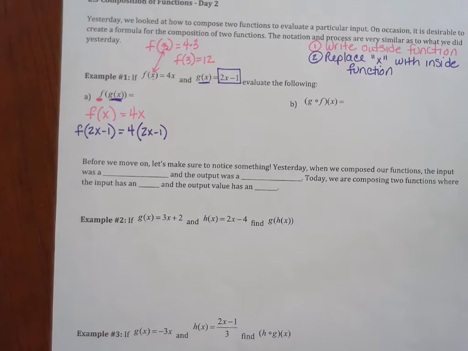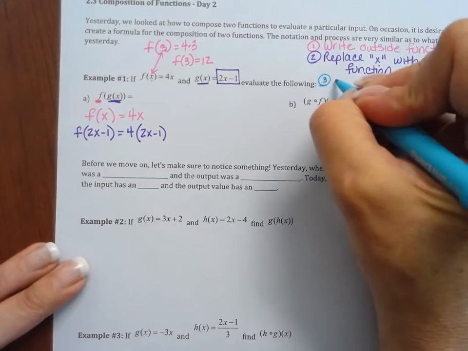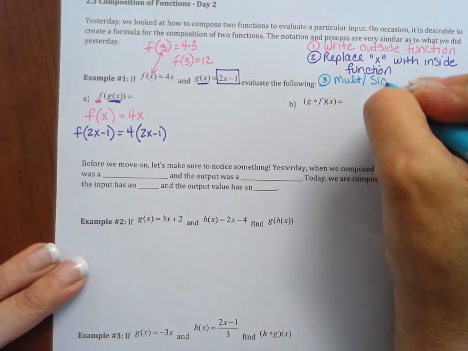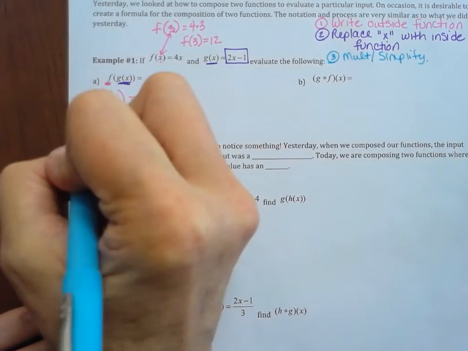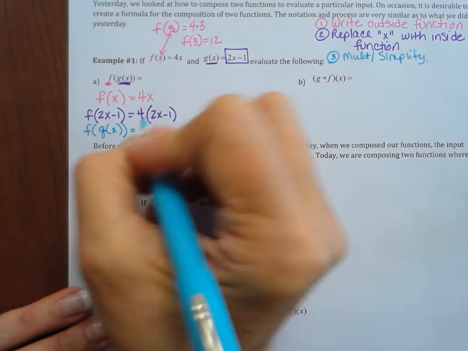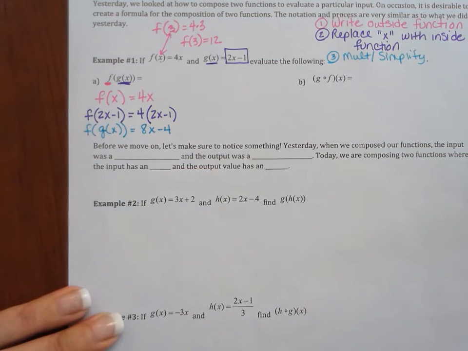Good so far? All right, and then the last step is just to multiply, subtract, whatever. In other words, simplify. And so the f of g of x is going to be 8x minus 4.